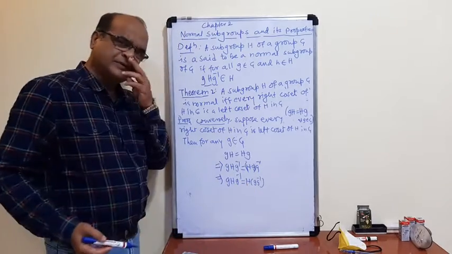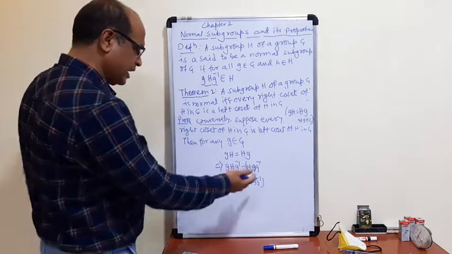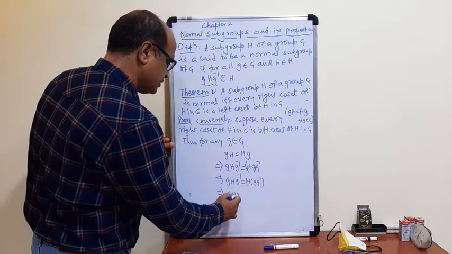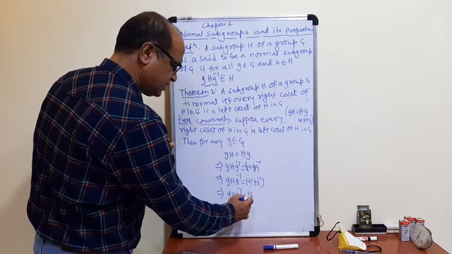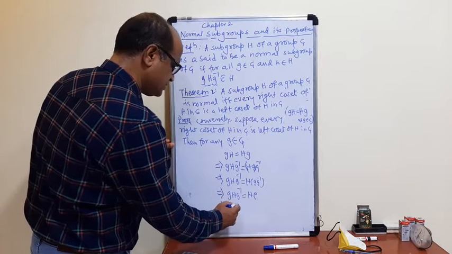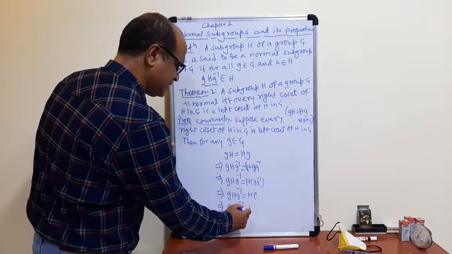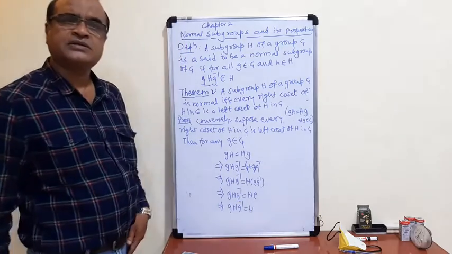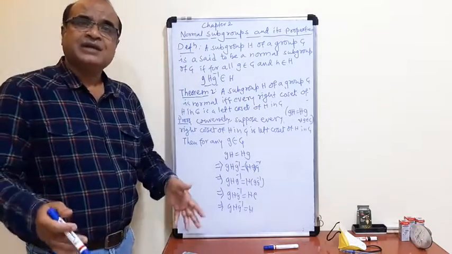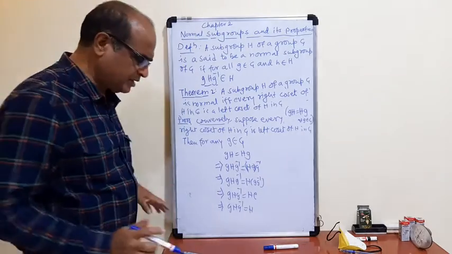This is very simple. Using the associative property, we write gHg inverse is equal to He, and H into e is H. Hence the theorem: if gHg inverse is equal to H, then H is a normal subgroup.